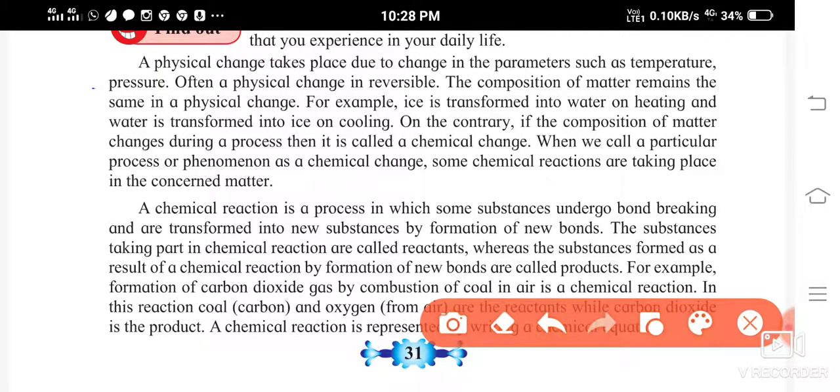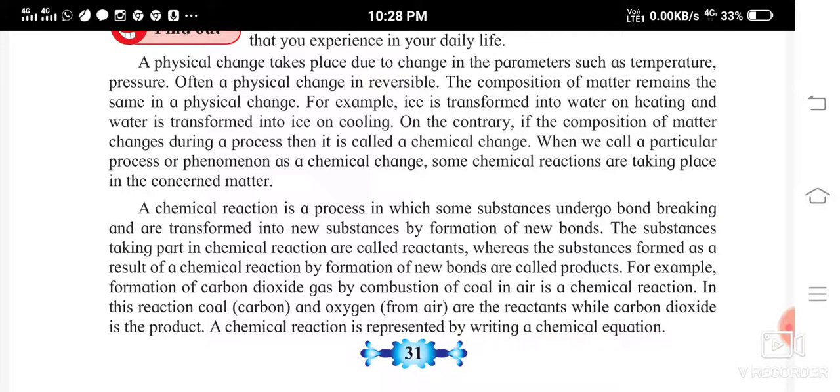The substances taking part in chemical reactions are called reactants, whereas substances formed as a result of a chemical reaction by formation of new bonds are called products.